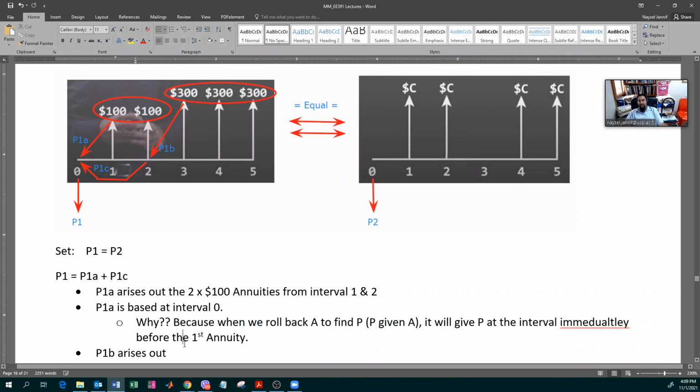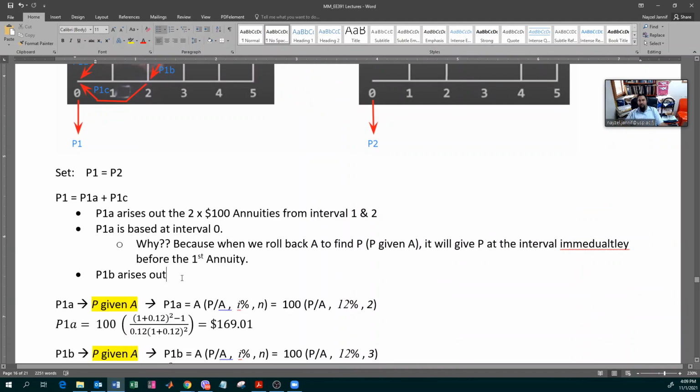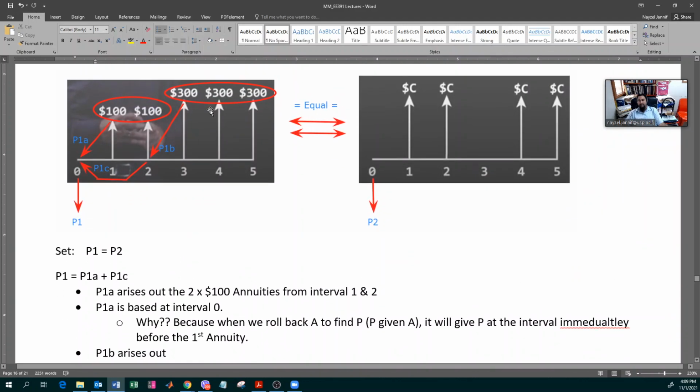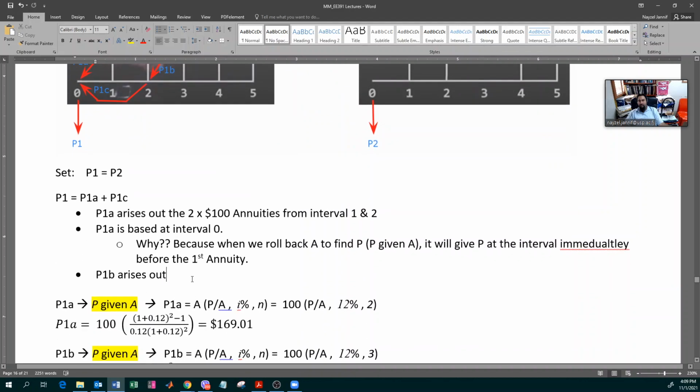Okay, let's now look at this one here. P1B. Where does P1B arise out of? It arises out of the 3 by $300 annuities. I'm just going to use some common language, but this is not professional language.